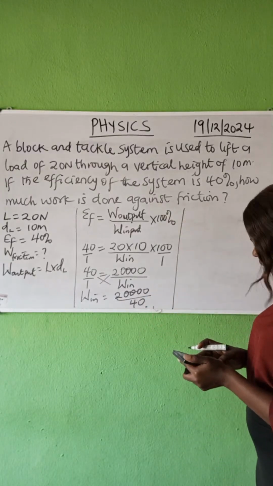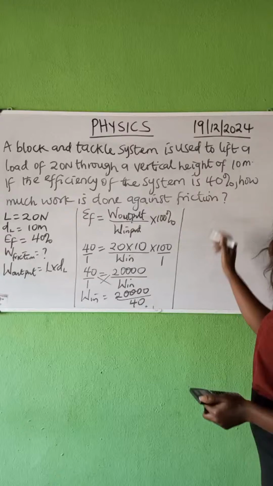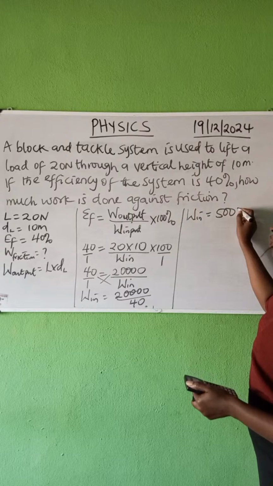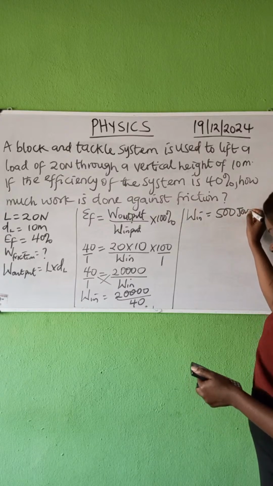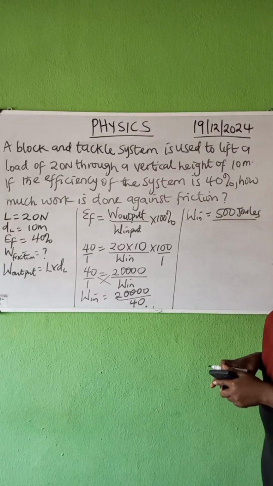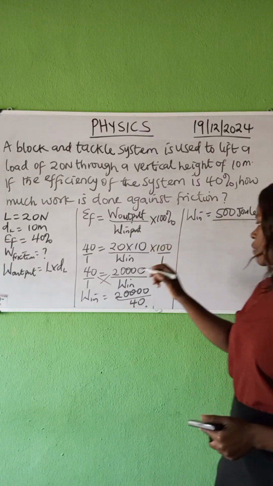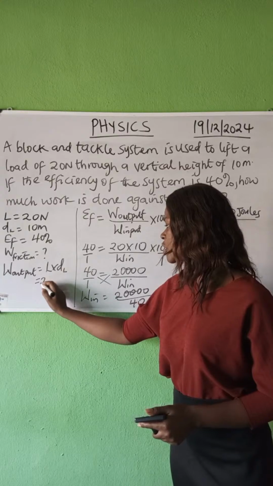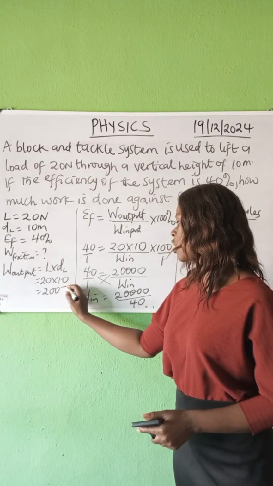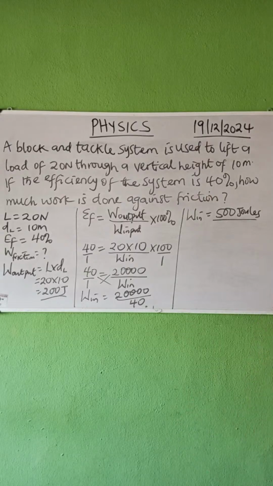By the time you divide it, the work input is equal to 500 joules. Now, if I want to sum up the work output, I'm going to say that work output is 20 multiplied by 10, which gives me 200 joules. Hope you understand. If I proceed.